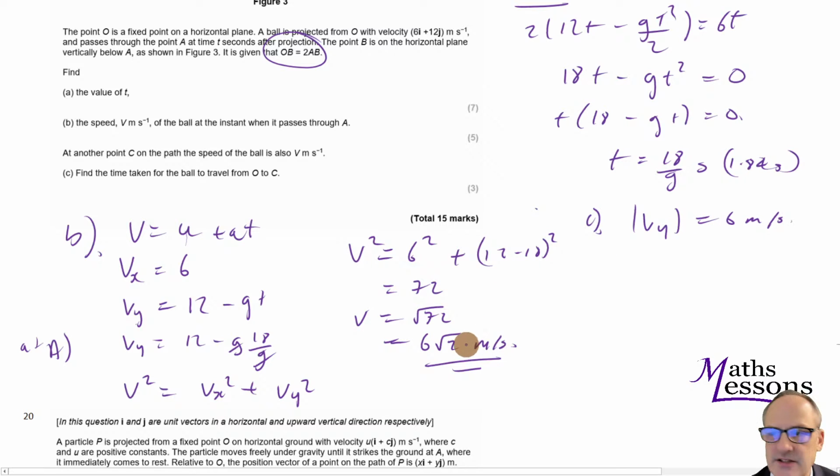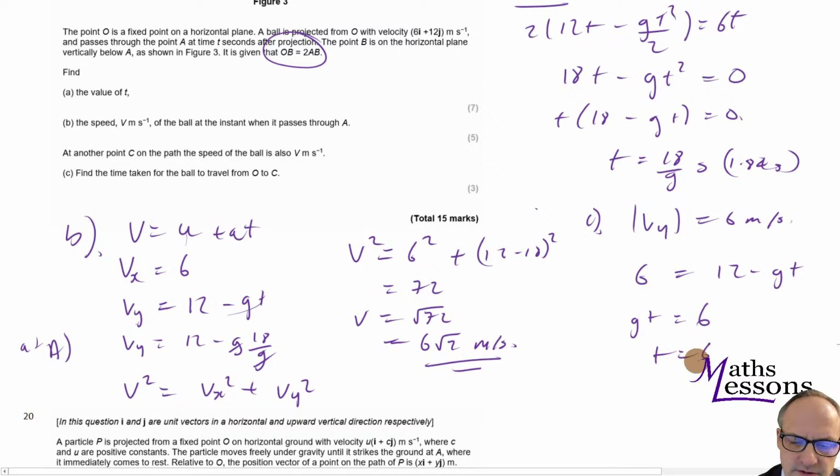So we know that 6 must equal 12 minus gt. Rearrange that, we get gt is equal to 6. Sorry, made a mistake there. So therefore, t equals 6 over g seconds.